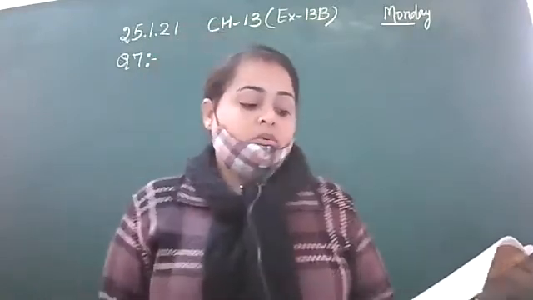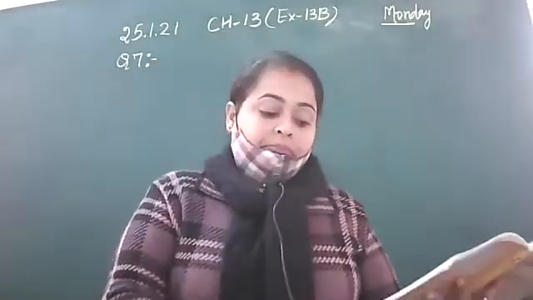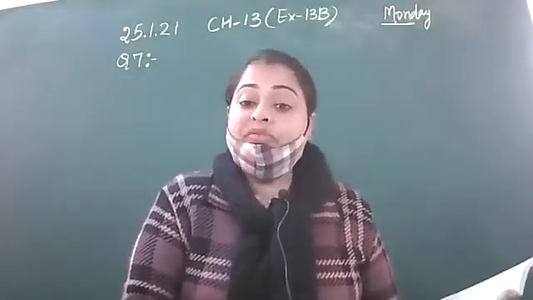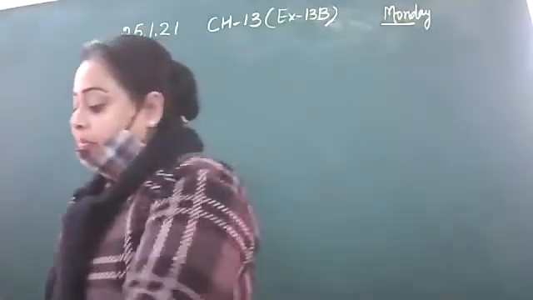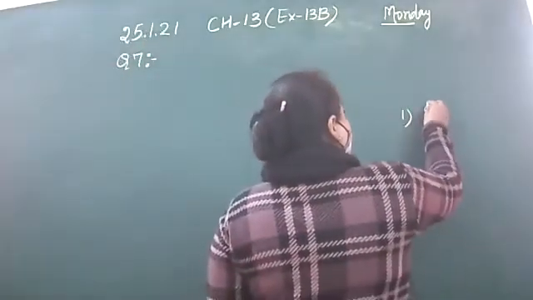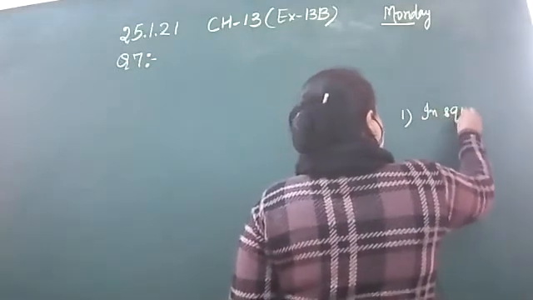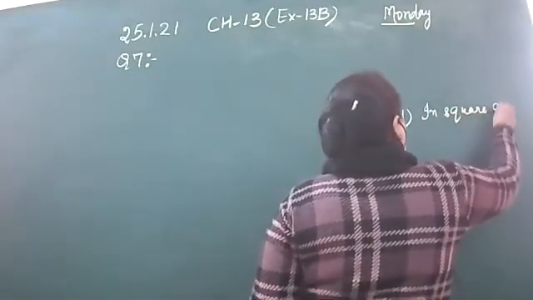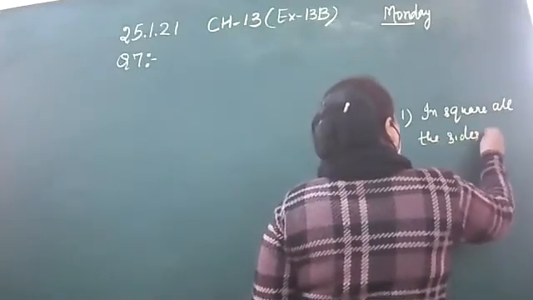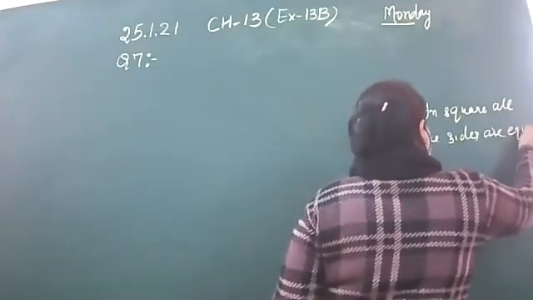Now, to solve this sum, we will apply the properties of a square. The first property is, in a square, all the sides are equal.